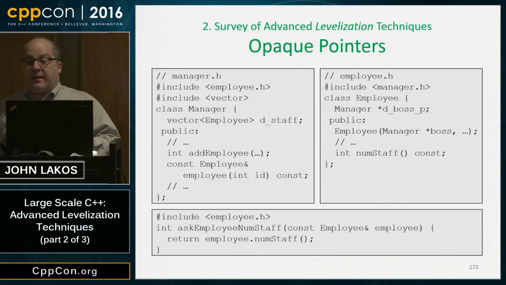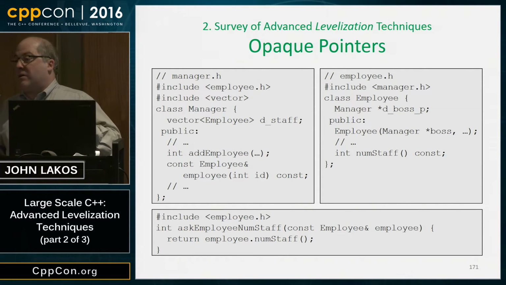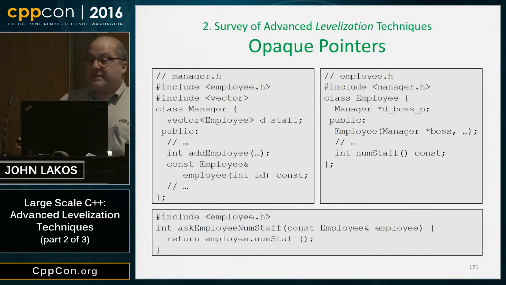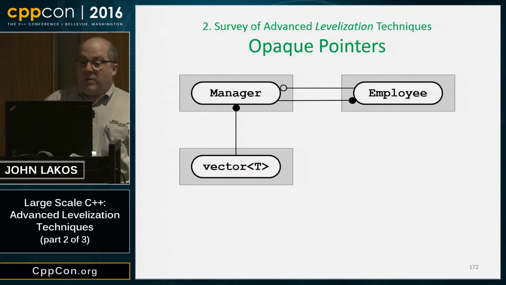And what the employee does in its implementation is it goes and asks the manager, goes and finds out from the manager the number of people working for the manager. And of course, this causes an upward dependency, which we don't want. So we want to fix that.